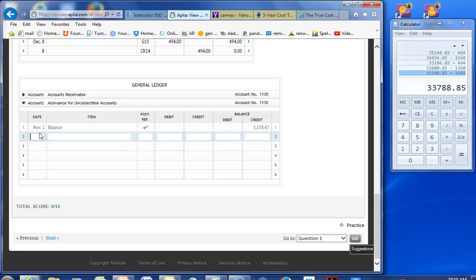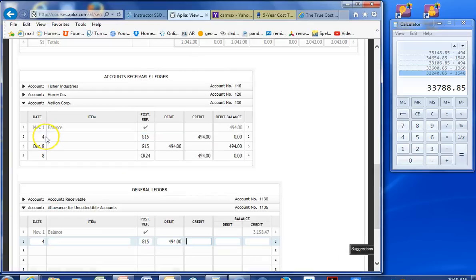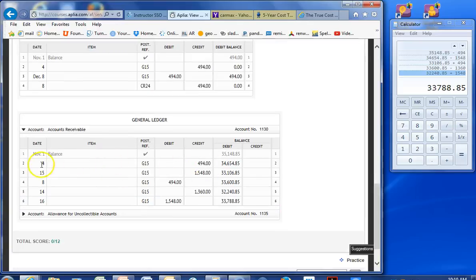Okay, G15. 494. Okay, this is right here. So, sorry, accounts receivable.